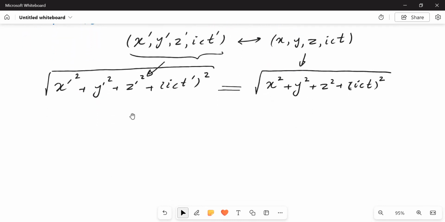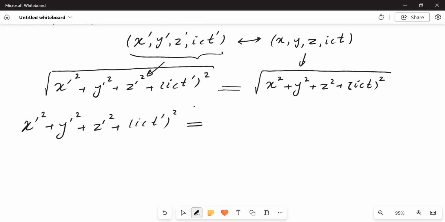So in order to make things simple, let us forget about the square root signs right now. In other words, let's look at the squares of the norms and write that in this form: x prime squared plus y prime squared plus z prime squared plus (i c t prime) squared.